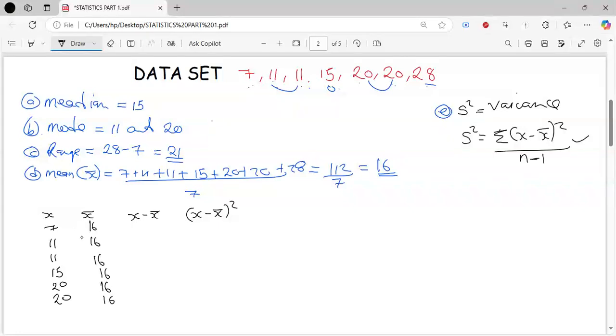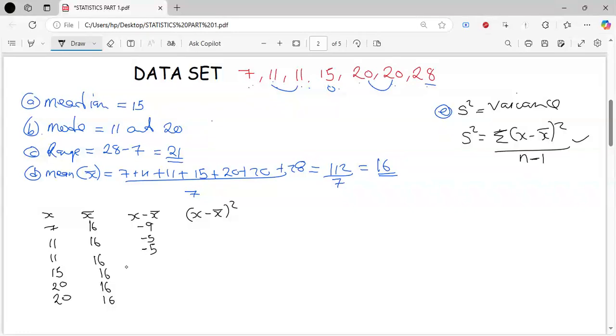Okay, so now subtracting the two. Once you say 7 minus 16, that will give us negative 9, right? Then 11 minus 16 gives us negative 5. Again 11 minus 16, negative 5.